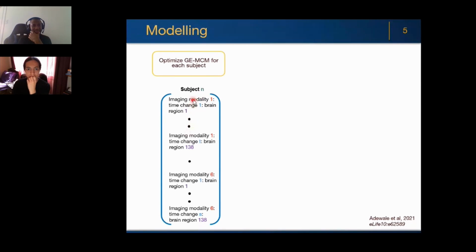If we do that for all 138 brain regions and concatenate that with the 5 other macroscopic factors, we can build a matrix for a particular subject.